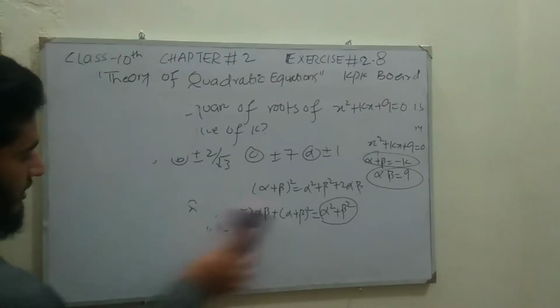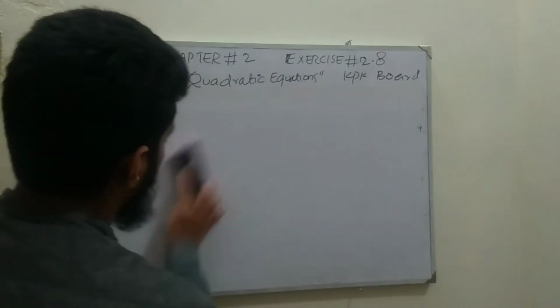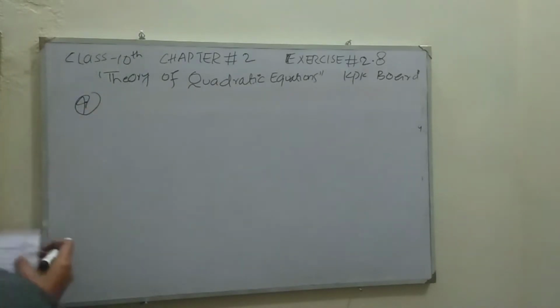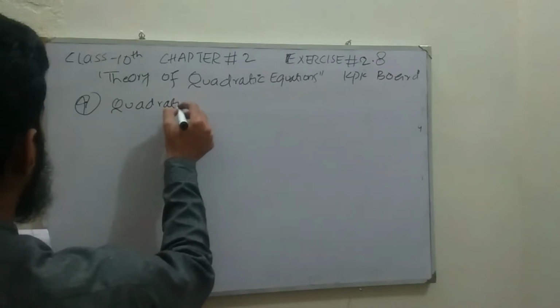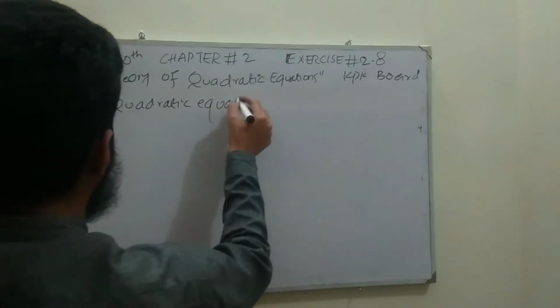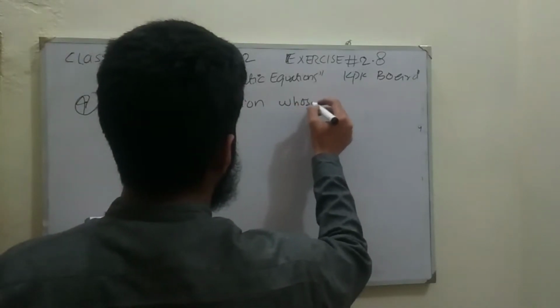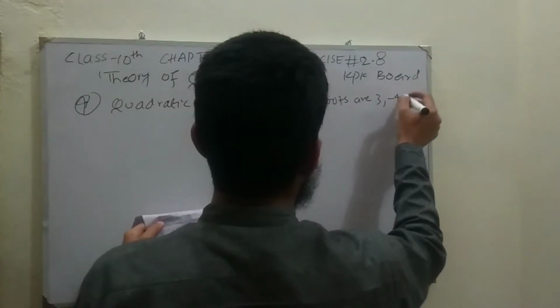Fourth number MCQ tells that the quadratic equation whose roots are 3 and minus 4.